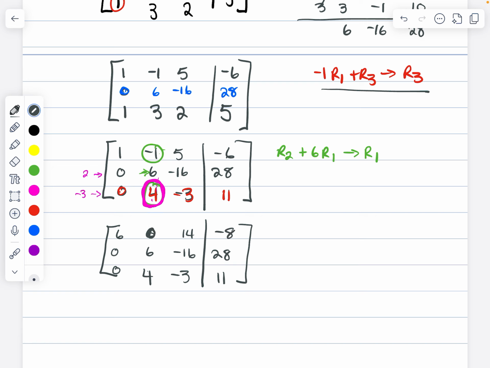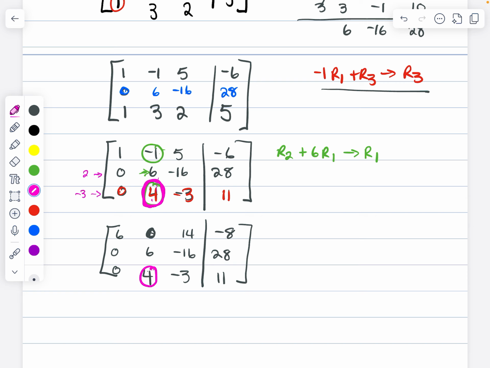But we have 0 here, which is great. So from here is where we're going to make this 4, 0. And we know 6 and 4 have 12 in common. So we're going to make row 2 positive and row 3 negative, so that when we add them together, we'll get 0 and replace it in row 3.